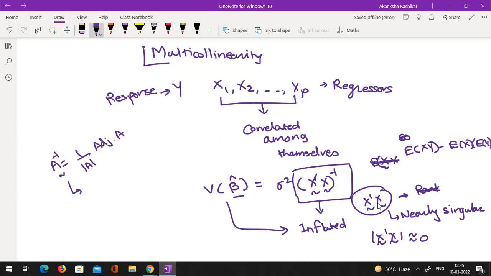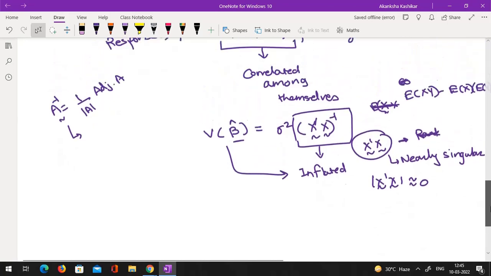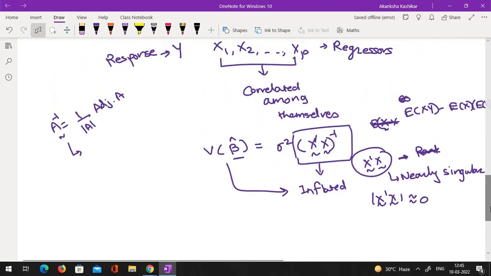As a result, our confidence in estimation reduces, so our estimation is not reliable, and that is known as the multicollinearity issue. There are various methods to deal with multicollinearity. One of them is ridge regression. You will see that in detail in your regression course. We are not going to go into that because it has nothing to do with PCA.